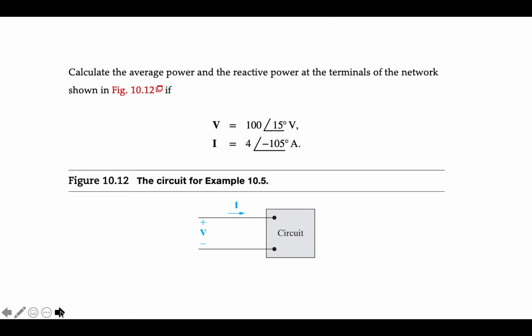So here's an example. Actually, this is the same example where you started with the instantaneous expressions for current and voltage, but here's an example asking us to calculate average and reactive power at the terminals of a network where the voltage and current are given as phasor expressions.